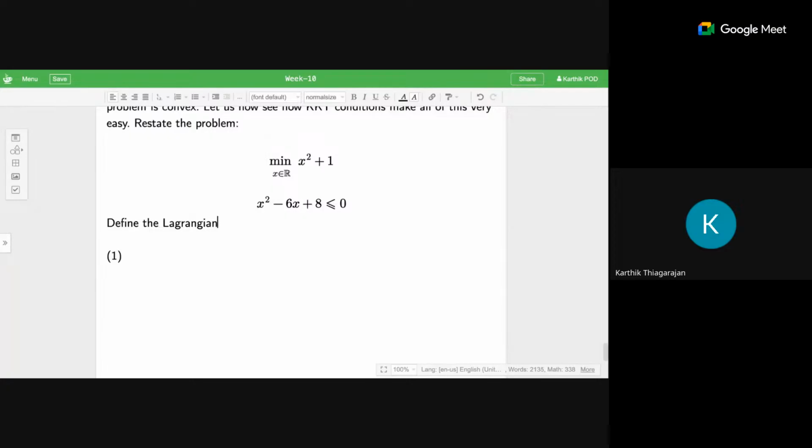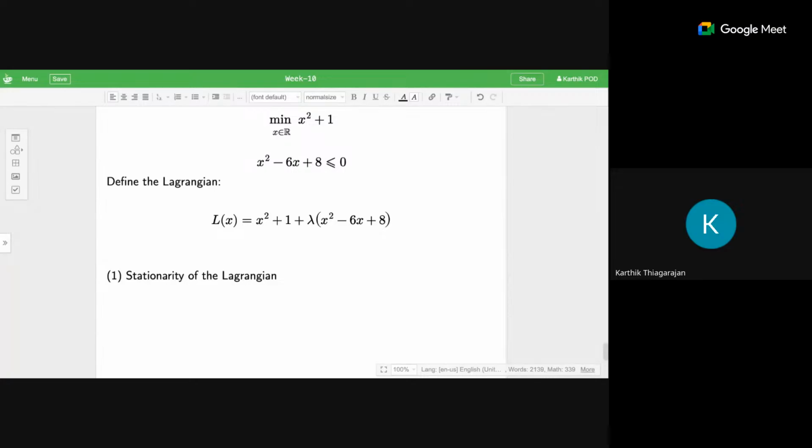L of x is x square plus 1 plus lambda times x square minus 6x plus 8, right? So the first thing is the stationarity of the Lagrangian. If you differentiate with respect to x and set it to 0, what do you get?